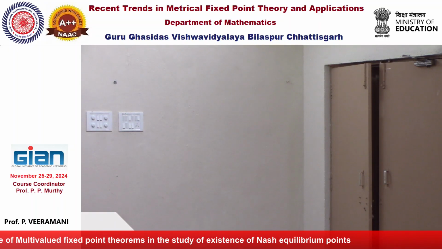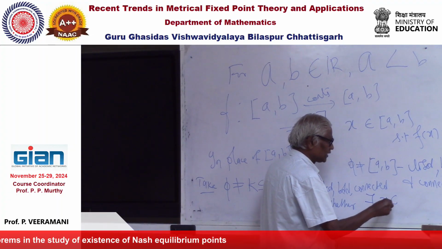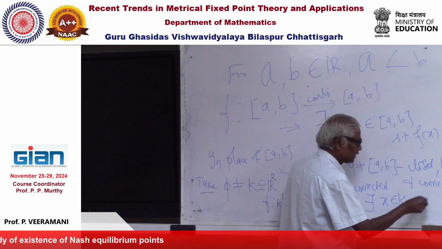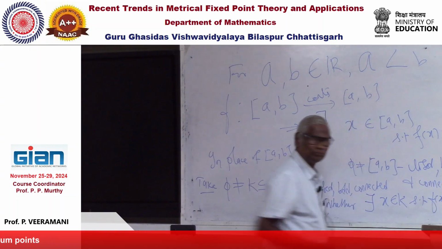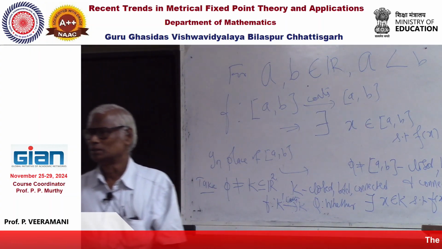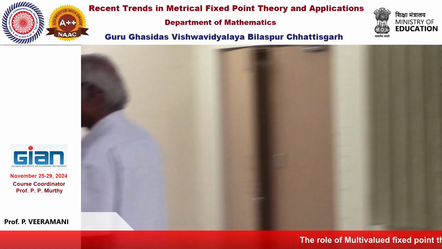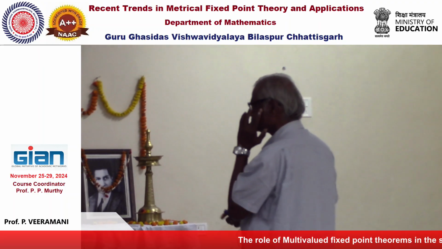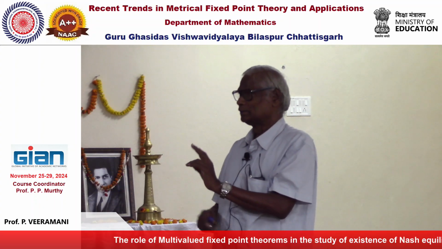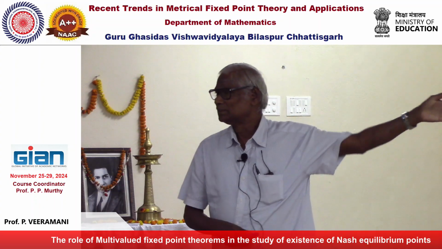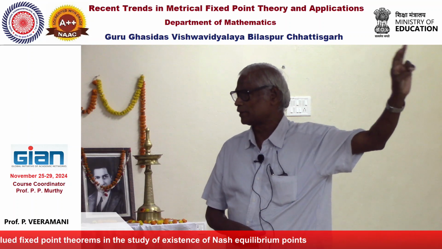Now answer. You tell the answer. Answer is simple. Whether there exists x in K such that f(x) = x. We are assuming closed, bounded, connected, like we are translating the domain: the closed interval [a, b] in R is closed, bounded, connected.